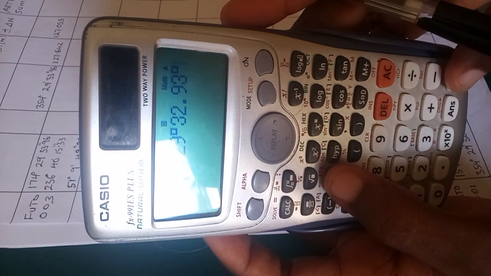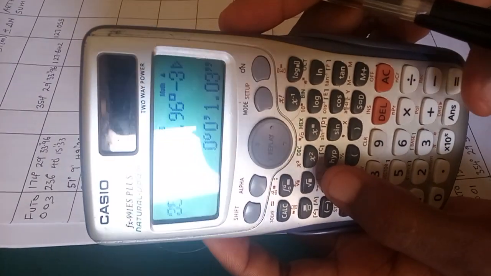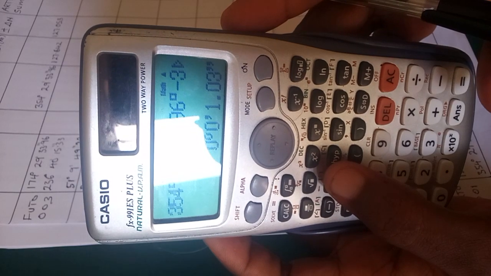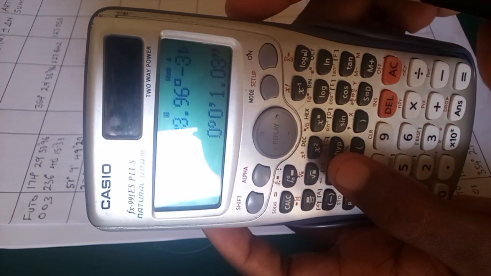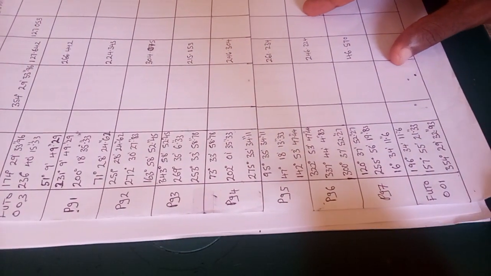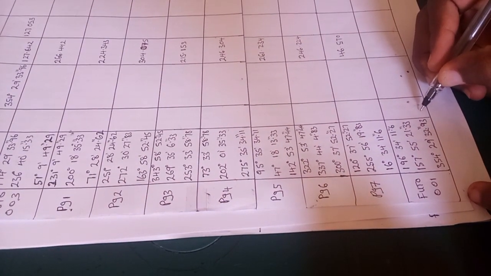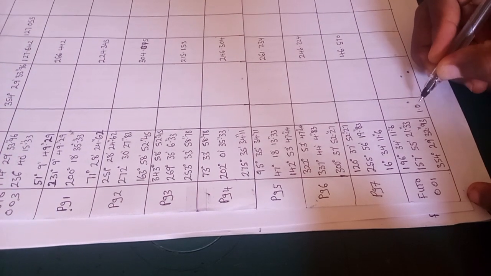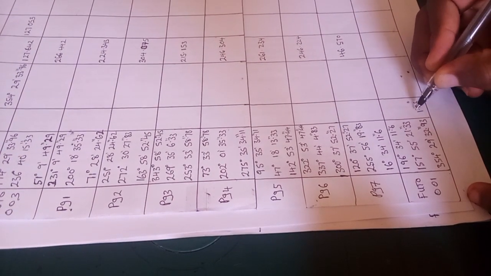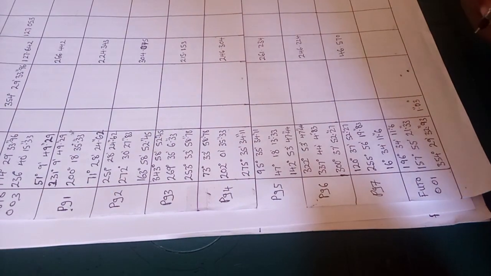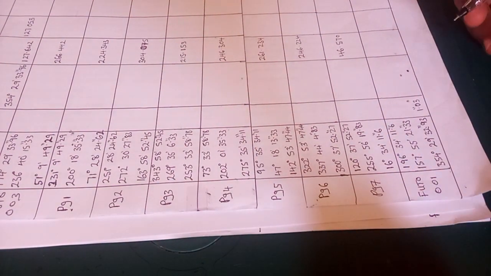So we are having 1.03 seconds, which is the error in bearing. We are going to write that down in this column here, 1.03 seconds. What we'll be doing next is to add the sign.